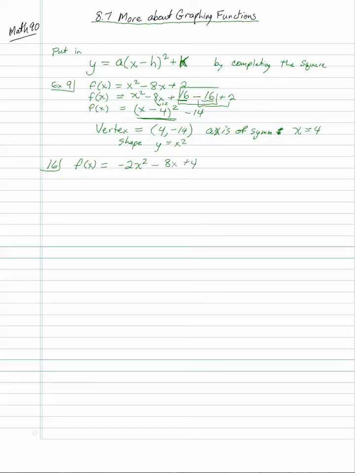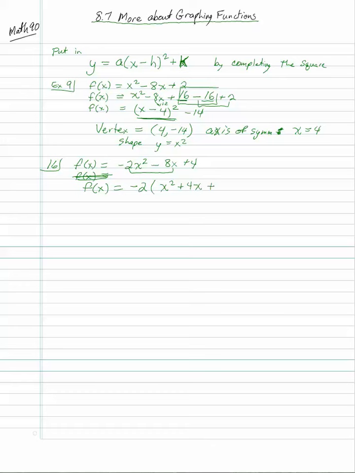Now in this one, if a is not 1, if it's anything other than that, you have to factor the a out of the first two terms. So this would be negative 2, you factor it out, so that would be x squared. Negative 8 divided by negative 2 is positive 4x.